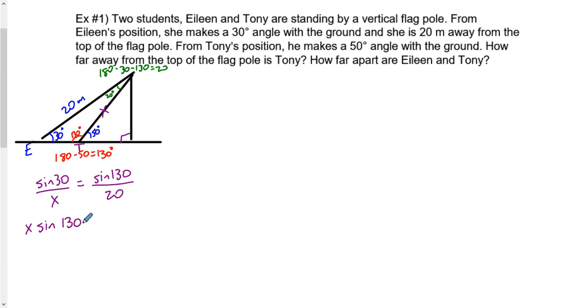X multiplied by the sine of 130 would equal 20 multiplied by the sine of 30. Divide by the sine of 130. And Tony is how far away from the flagpole? Oh, write down exactly what I'm going to be typing in my calculator.